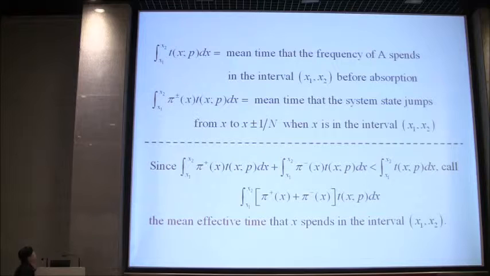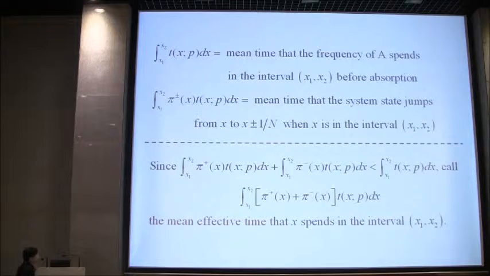Next, we can define the mean time that the frequency of A spends in the interval x1, x2 before absorption. Similarly, by multiplying the transition probability, we get the mean time that the system state jumps from x to x plus or minus 1 over n while x is in the interval x1, x2.